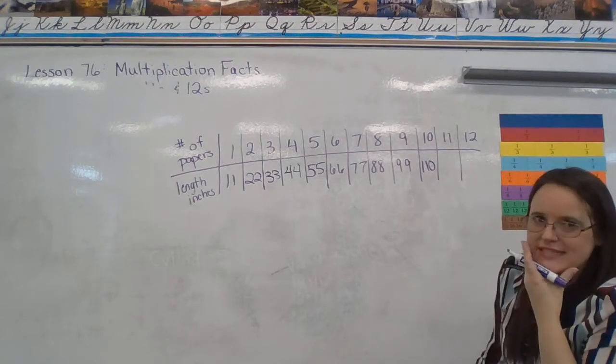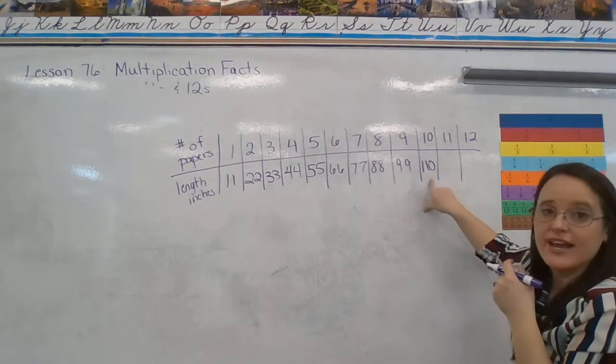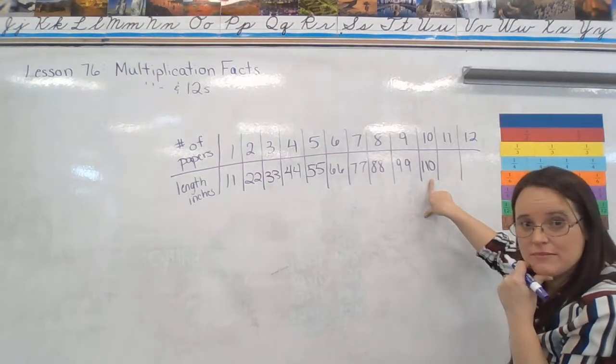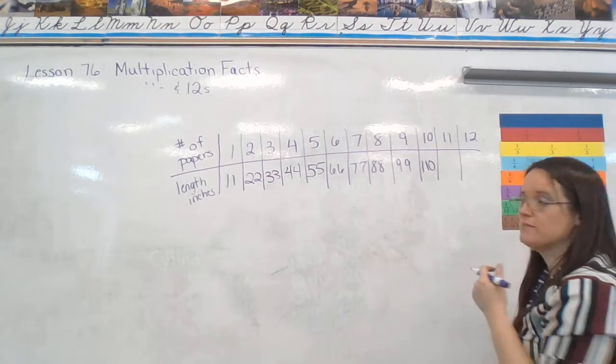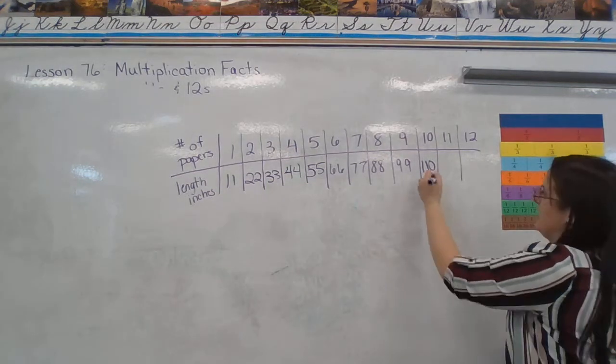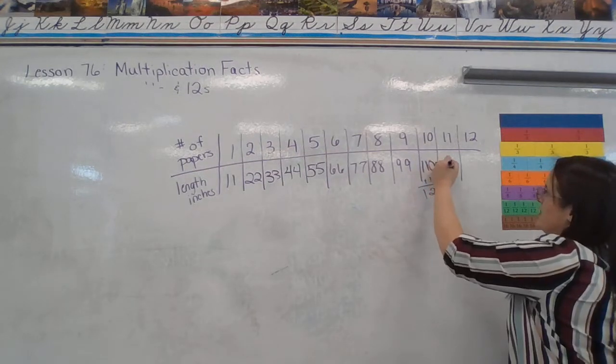Oh, these are the hard ones that I might not have memorized yet. Well, I know 10 groups of 11 is 110. So in my head, I just have to add what's 1 more 11. So 110 plus 11 is going to be 121.